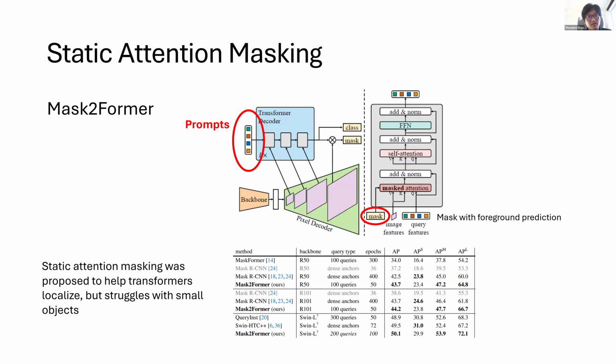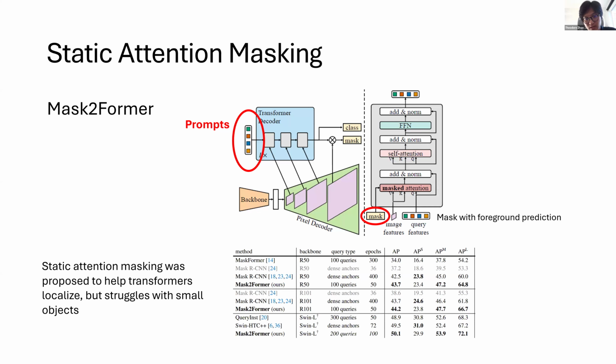We try to seek clues from what happens with this masked attention: when the model is predicting a wrong foreground region, especially when the object is small, it's very easy for the model to miss the target. In that case, it's very hard for the model to recover, because you are predicting a wrong region and you are exclusively attending to that region.